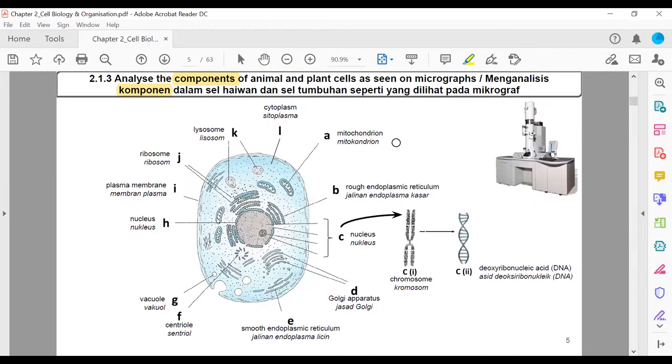komponen-komponen yang lain yang ada dalam sel haiwan dan sel tumbuhan bila dilihat dengan menggunakan, what is this? Electron microscope. Mikroskop elektron yang hanya ada di industri USM ada. So kalau kita guna electron microscope, we can see other structures yang ada dalam sel haiwan dan sel tumbuhan.